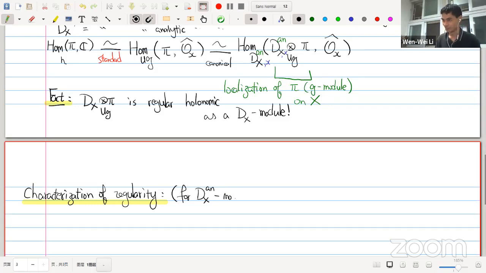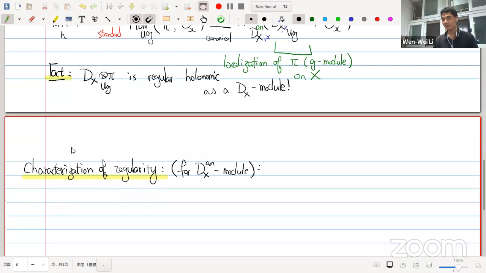But once you have an algebraic D module that's regular, then its analytification is also regular. So let N be such an analytic D module. Then N is regular holonomic if and only if for all x.